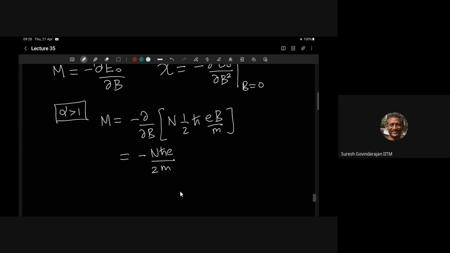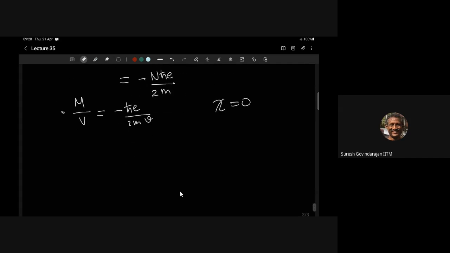And we can also compute M by V, and then this will become little b. That's all. And chi is 0 because it becomes a constant.